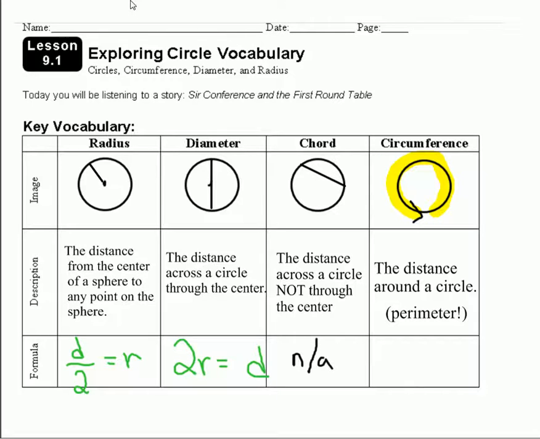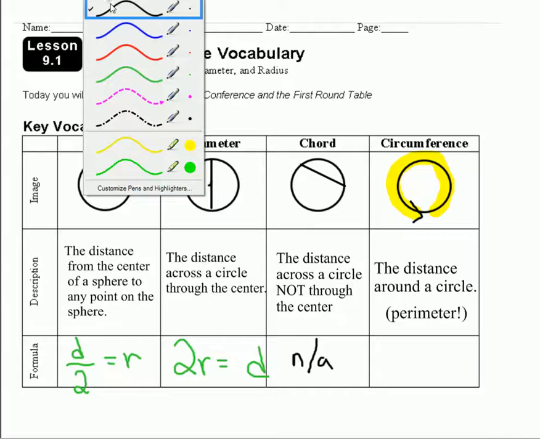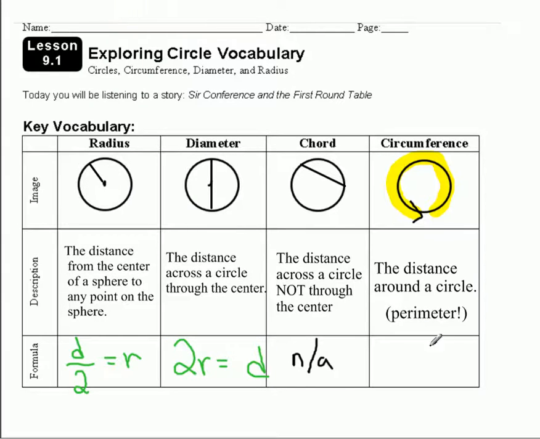Now there is a formula for circumference, and you will find actually two formulas on your formula sheet that you'll be given for a test. And I think it's actually on your cover. I'll have to double check though. It might be on your cover, it might be on the back of your parent letter. There's two formulas. C for circumference, capital C, equals 2 pi, r for radius, so 2 times pi times r.